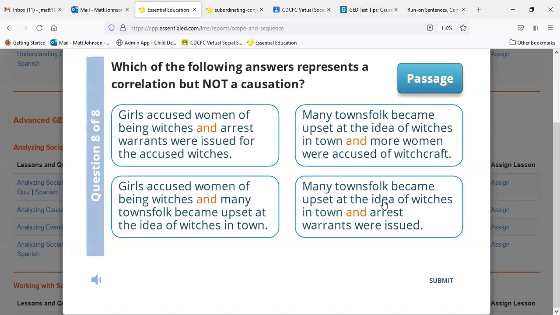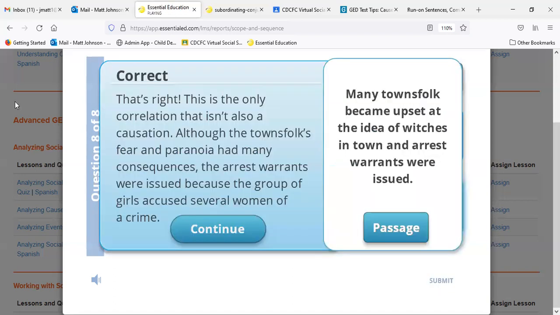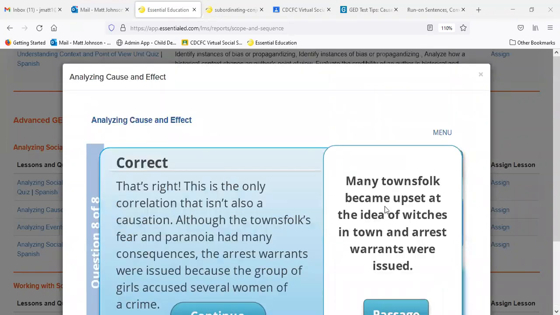So there's correlation here, not causation. Right? So only correlation that isn't also a causation. Although the townsfolk's fear and paranoia had many consequences, the arrest warrants were issued because the group of girls accused several women of a crime. All right.